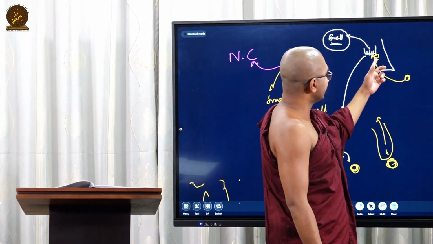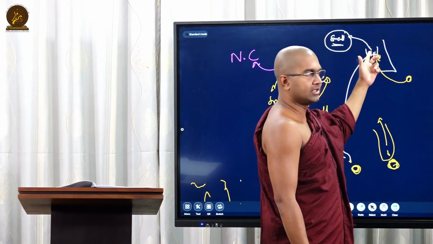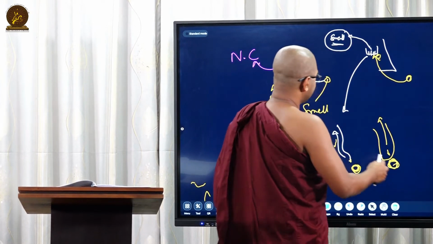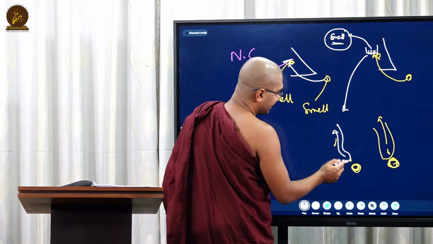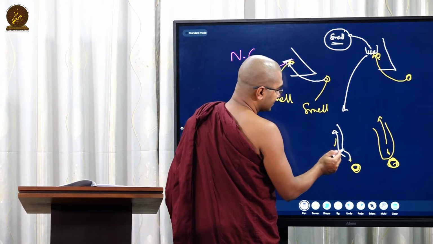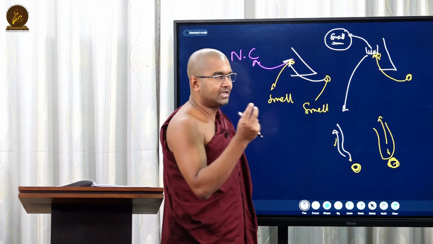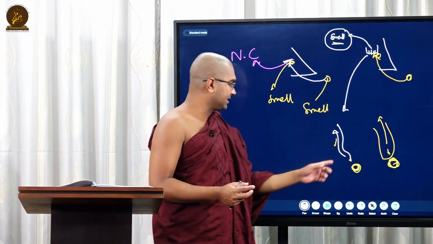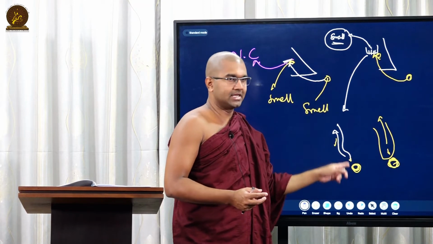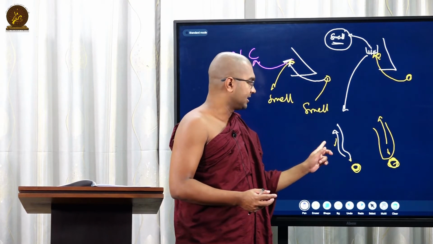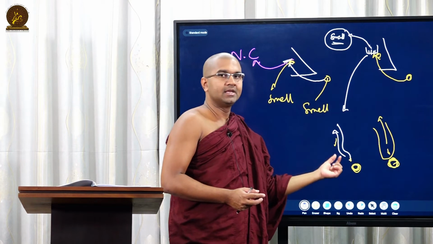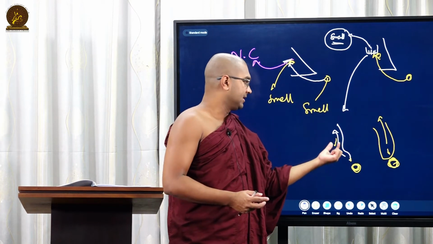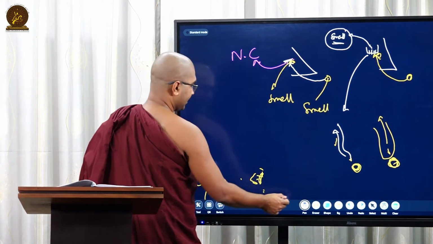What is the contribution of this object to the smell? So actually what has happened is, they react with the neuron and a certain signal is sent. So who is responsible for the idea of a smell? Mainly, both are responsible. If there was no object, there would not be such an idea of smell. But mainly, the nature of the smell is determined by the nature of the neuron.